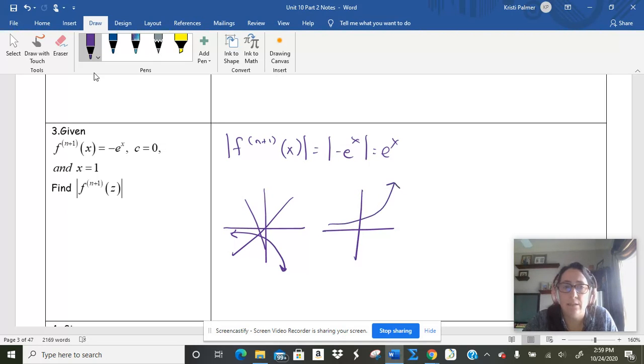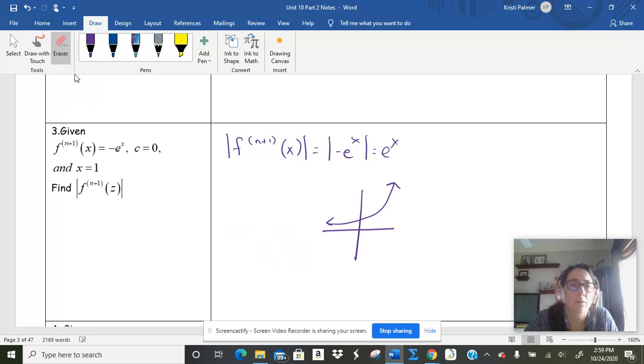So in this case, I will be using e to the x. And over here, if I hadn't seen that, let me just write it out again. This is the -e to the x. This is the absolute value of -e to the x.